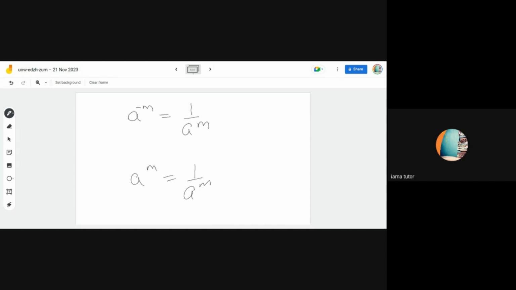So let's suppose you have a question: 2 raised to power minus 3. What you will do is rewrite it as 1 over 2 raised to power 3, because if you have any base which has a negative power, then you can take this base as a reciprocal, meaning you take it in the denominator and flip this negative, and it will become positive 3.